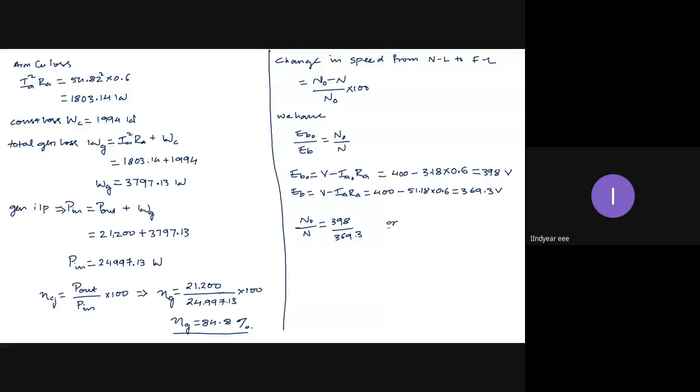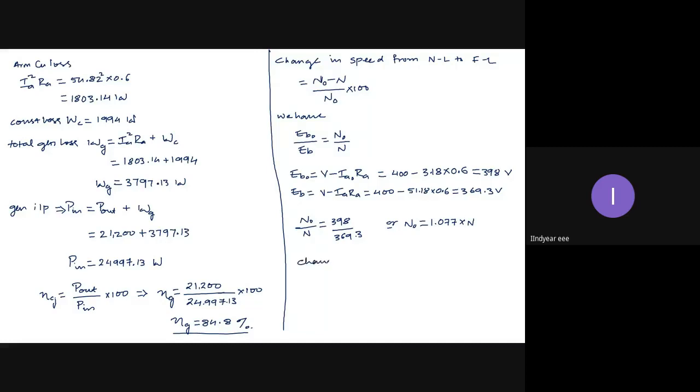Or n naught is equal to 1.077 into n, since 398 divided by 369.3 is 1.077. Now substitute this value here.